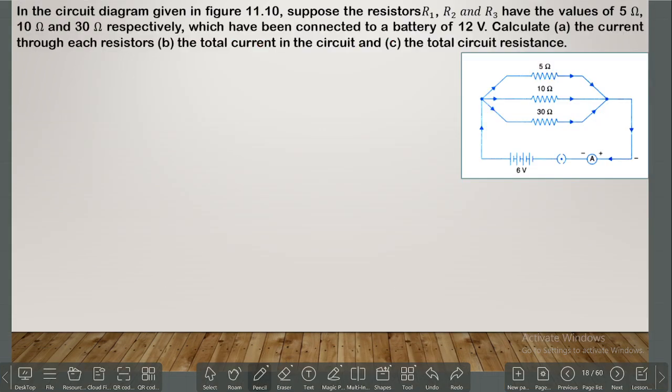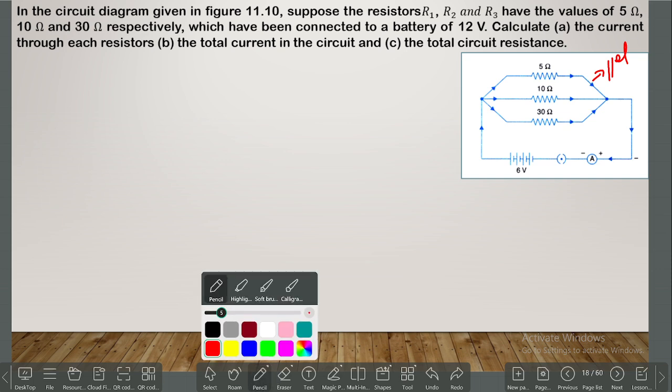Next, look at the circuit diagram and see what type of combination it is. Since all the resistors are connected to a common point, you can say that the given combination is in a form of parallel. Now, read the question. In the circuit diagram given in figure 11.10, suppose the resistors R1, R2 and R3 have the values of 5 ohm, 10 ohm and 30 ohm.